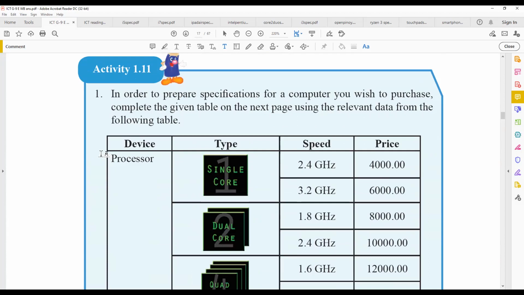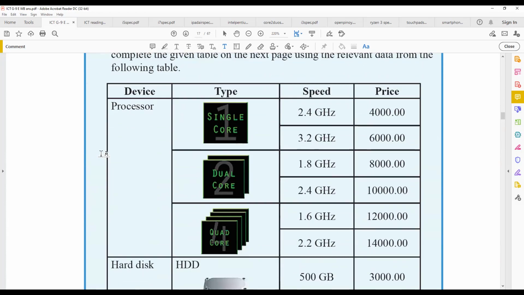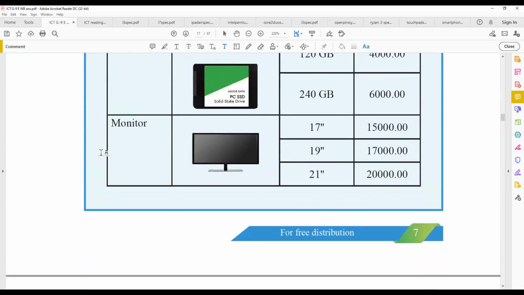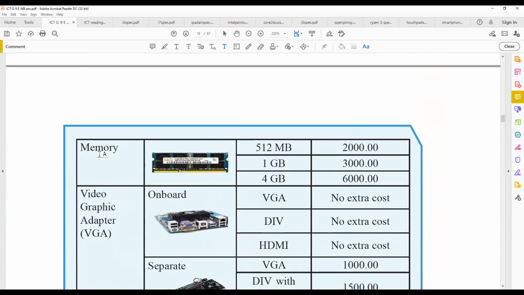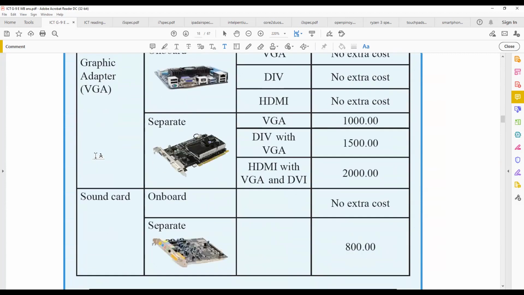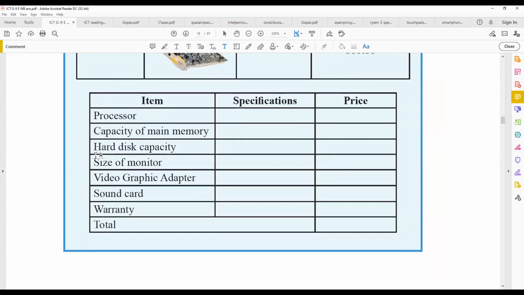So in activity 1.11, it's given processor, type, speed given, prices are given, hard disk again given, normal hard disk and SSD, and the monitor is given, memory is given, VGA onboard and separate is given, sound card onboard and separate is given.